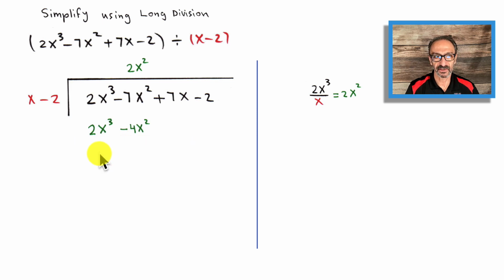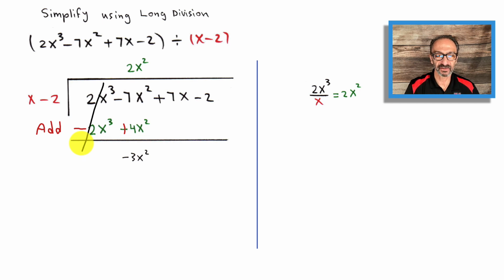So we change the signs one more time, and we say add. This will cancel, and it always cancels. If it doesn't cancel, there is a mistake right here. So when you change the sign here, we have a plus 4x squared, and we do have minus 7x squared. That's negative 3x squared.